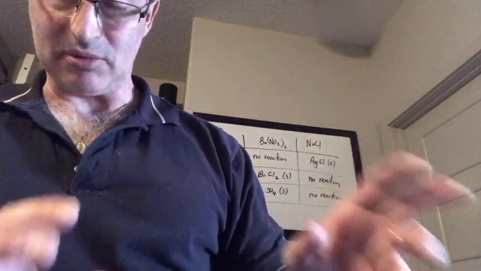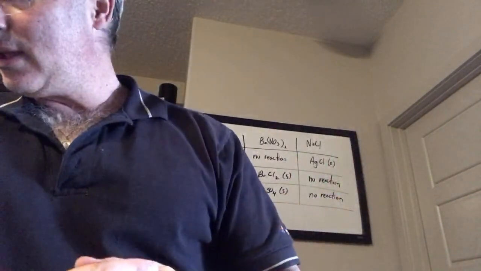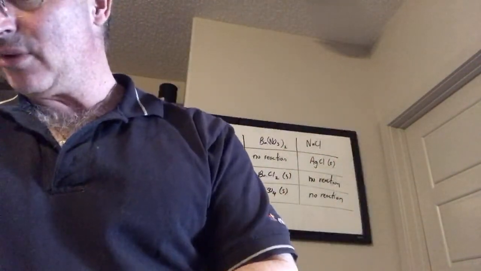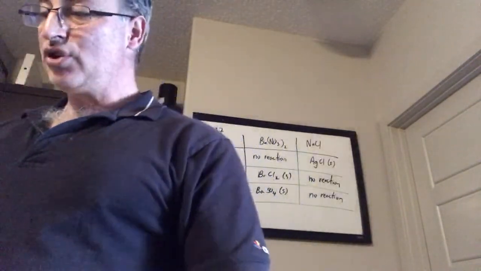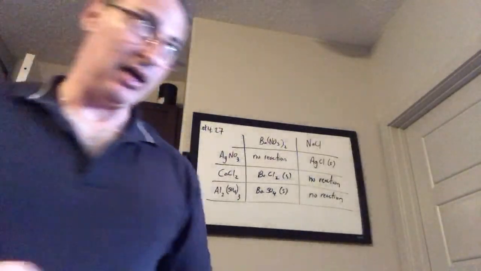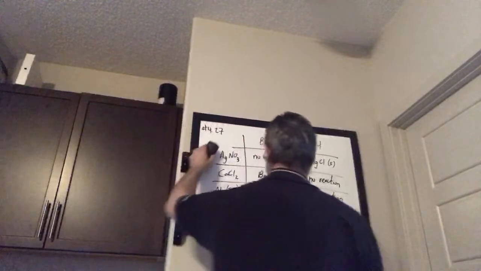It's a playlist called Solubility Rules, and from those rules, you can predict whether something is going to be soluble or not, whether it's going to produce a precipitate or not. You should be familiar with how to write the molecular, the ionic, and the net ionic equations. Just to give you a little refresher, I'll give you a sample of that, and then we'll wrap it up for the day.